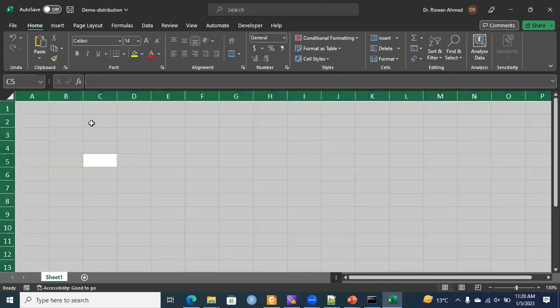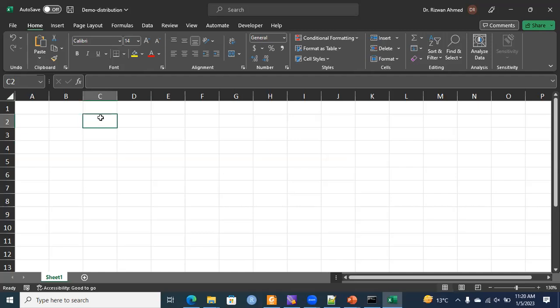So let's take some x values for 5 tosses of a coin. I define x and the corresponding probability in Microsoft Excel, the probability such that X is equal to x.